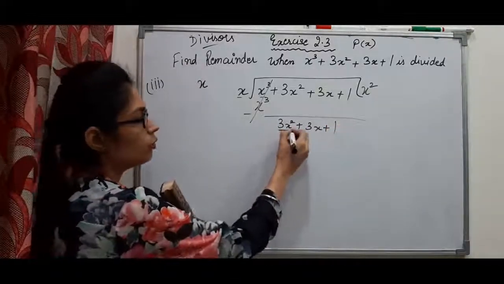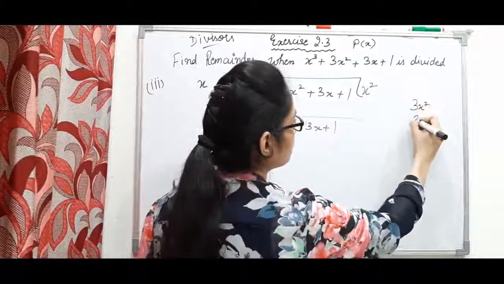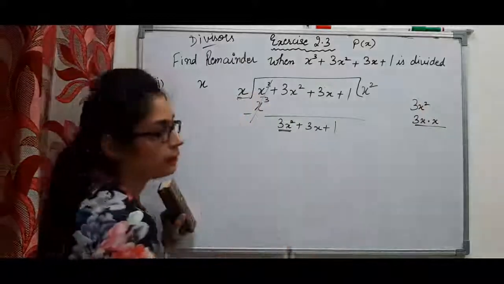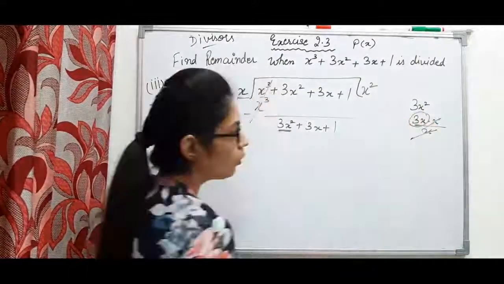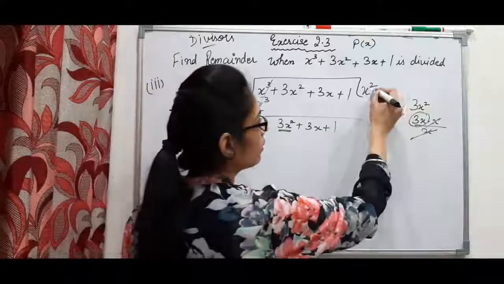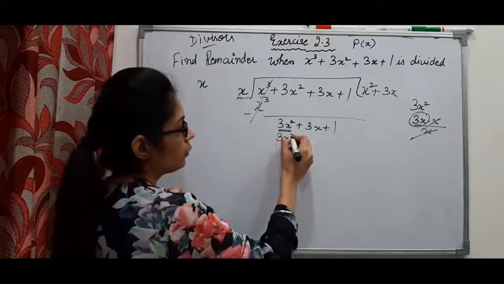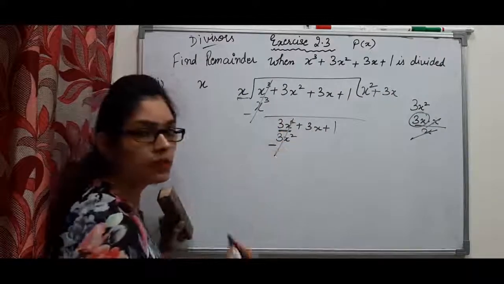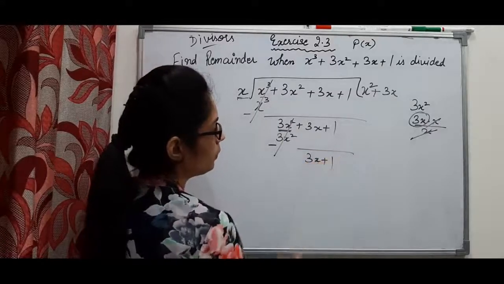So this now you have to look for the first term, which is 3x square, which means 3 into x square divided by x. X and x it will cancel, you got 3x. So just write 3x over here. And here this same term, 3x square. So change the sign, minus, same terms, they will get cancelled. Now write all the remaining terms, 3x plus 1.